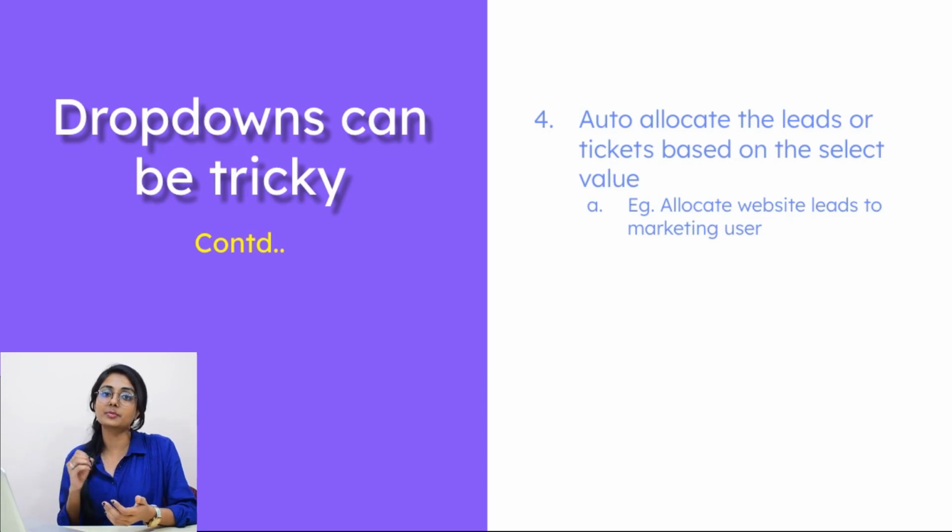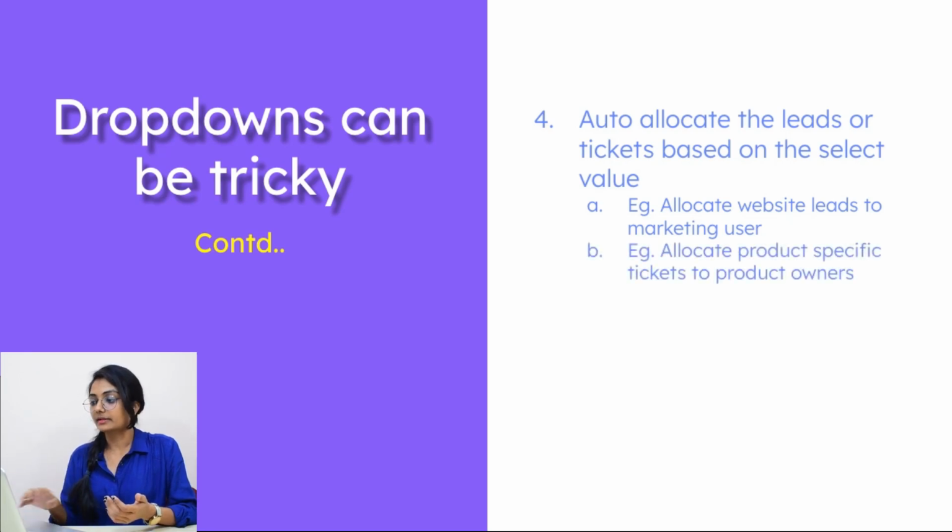I can set such conditions in my workflow that if I have a lead source from the website, then assign it to such and such person. Next, you can also do the same process for product-specific tickets. If there are tickets for any specific products, then they should be allocated to the relevant people.